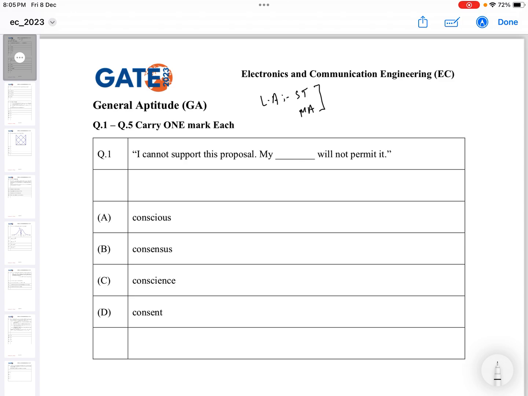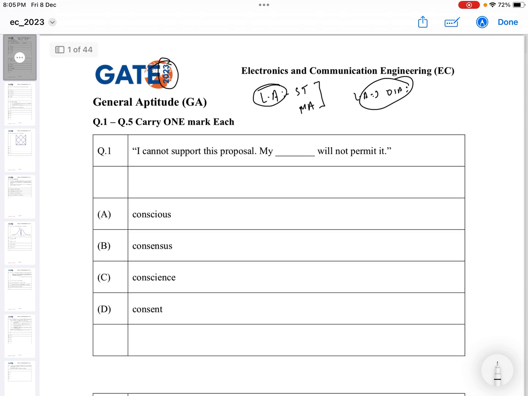And what we are doing is solving only linear algebra questions according to the syllabus of data science and AI, right? So today we will start with the EC paper, that is electronics and communication, and we will look at these linear algebra questions. So this is the 2023 paper.